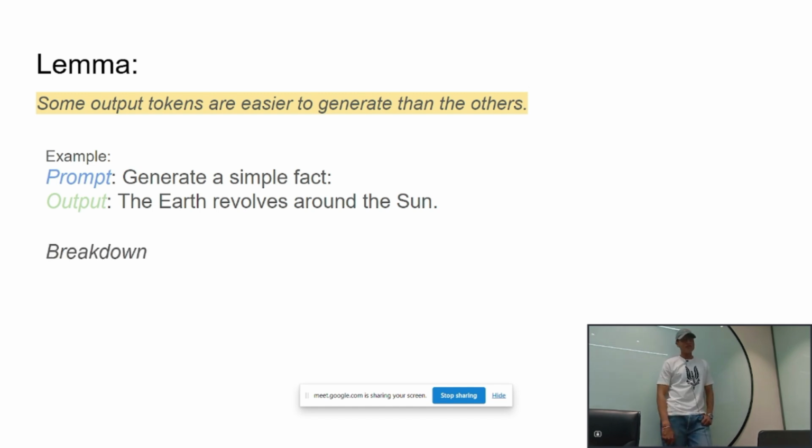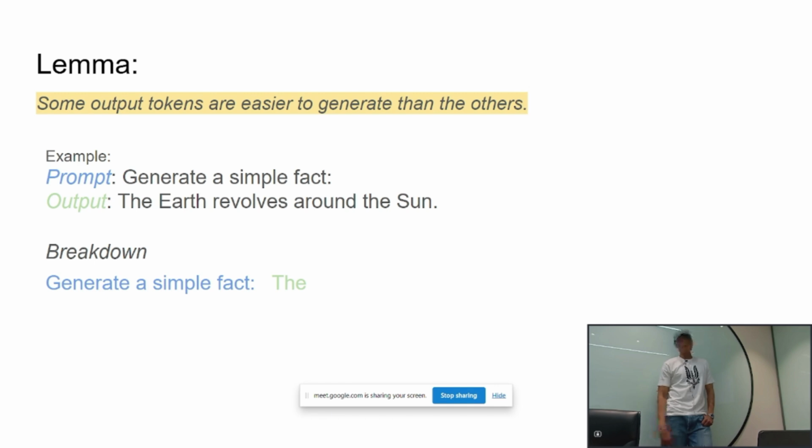Okay, so if I break it down, what is really happening is that the encoder gets this input, which is "generate a simple fact," and then the decoder starts decoding one token at a time. Now the first token that it generates is "the."